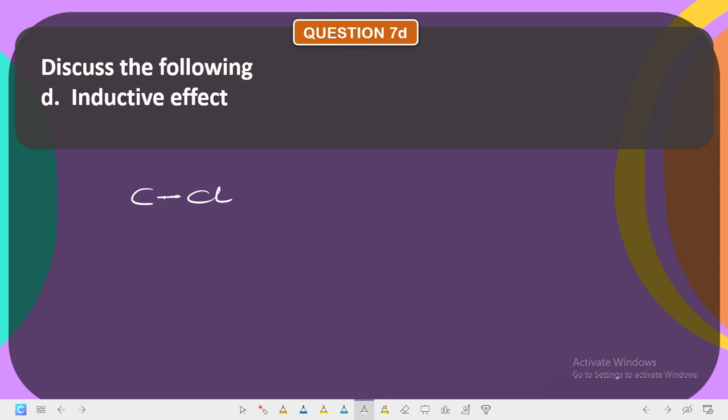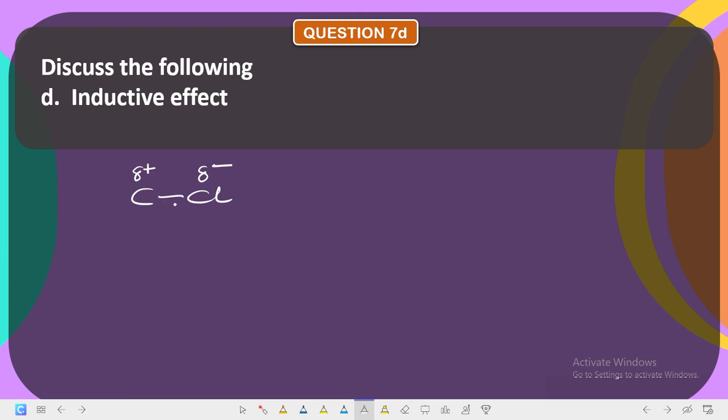The polarization is often indicated with arrows pointing towards the more electronegative atom. Are we getting it now? So in this case, you see the way this compound is. You have C-Cl. Chlorine is more electronegative, so it becomes partially negative, and then carbon is less electronegative, so it becomes partially positive. Now, this thing you see here, the bond is not like this.